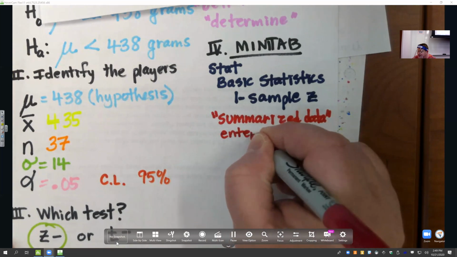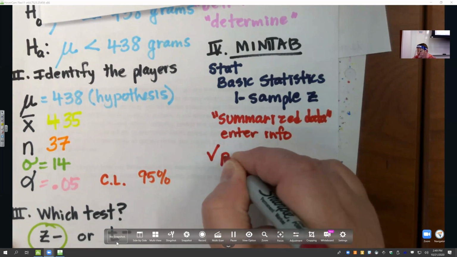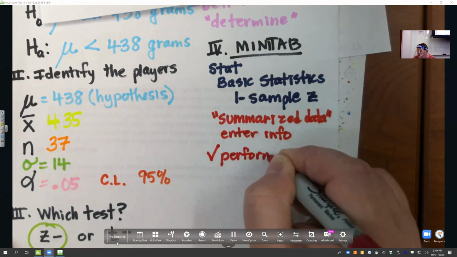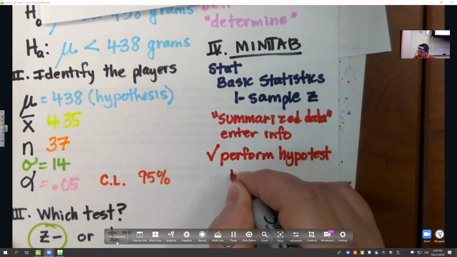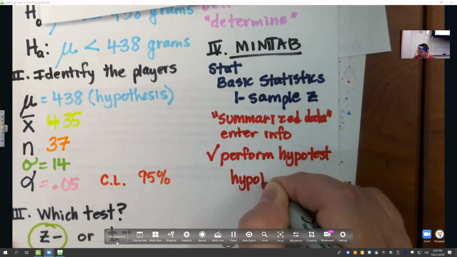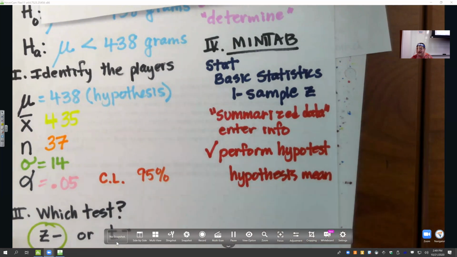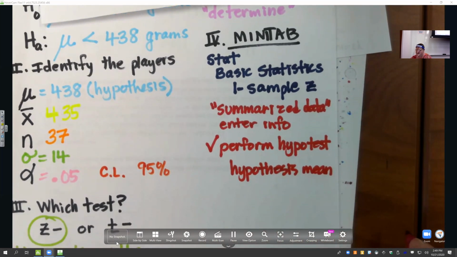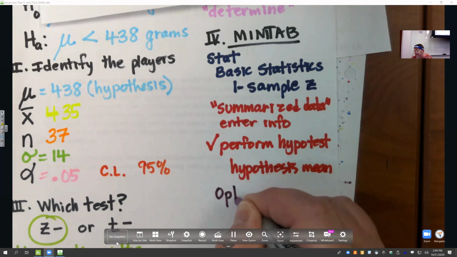We enter the info, and this time we're going to check the box next to perform hypothesis test, and we have to enter the hypothesized mean, which is the value we have in the hypothesis. So we have to check that extra box. Before, we didn't check the box for perform a hypothesis test.